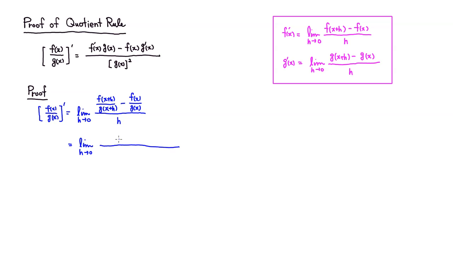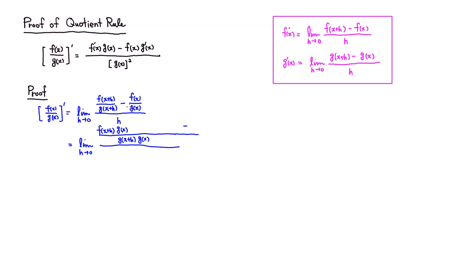The easiest common denominator is usually the product of the denominators. So I'm going to do g of x plus h times g of x. That's the common denominator. So we need to multiply the numerator f of x plus h by g of x, so f of x plus h times g of x, and then minus.